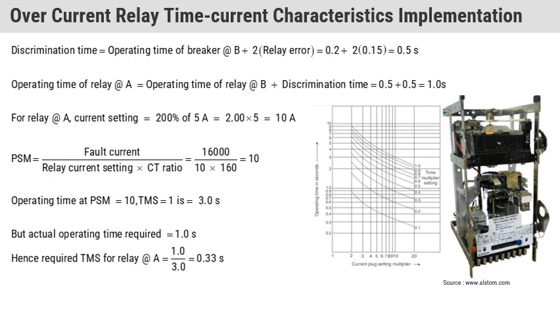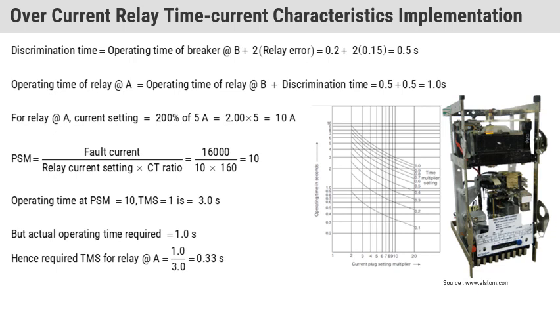So how can we find the discrimination time? Discrimination time is equal to the operating time of circuit breaker B plus relay error. We have a relay error for both relays, we have two relays, so we have to multiply it by 2. If we calculate the discrimination time, it will be around 0.5 second.